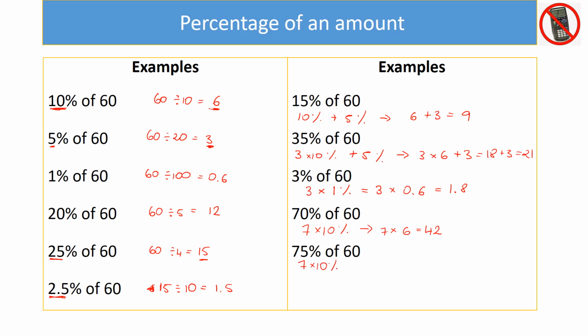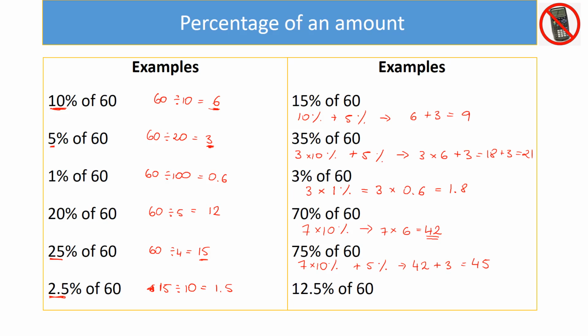So it's 7 times 10, that gives you 70%, and then you add the 5%. So that's 42. I've got this from my previous question, and then add 5%, which is 3, so that is 45.